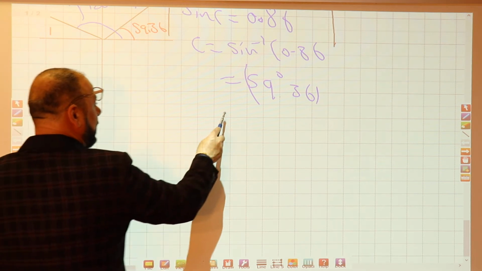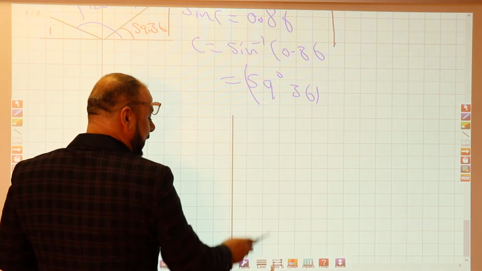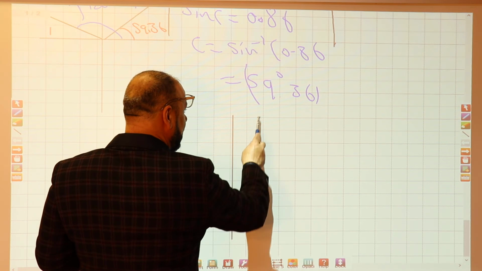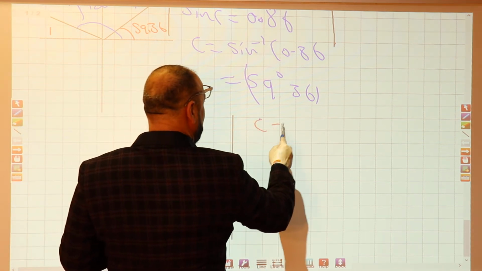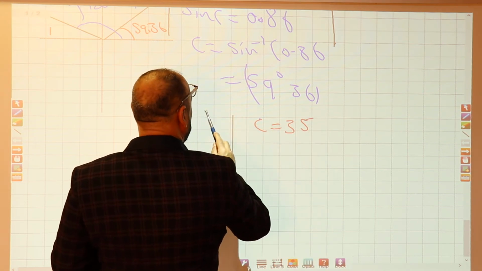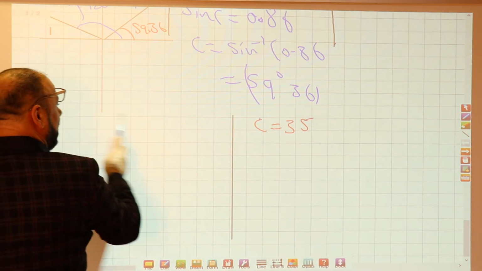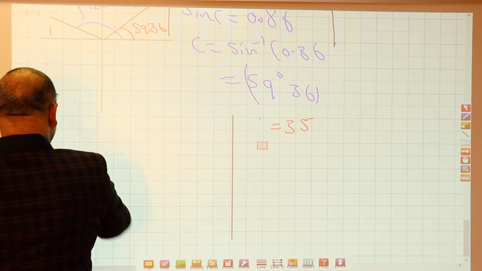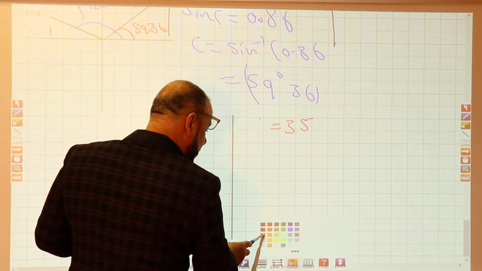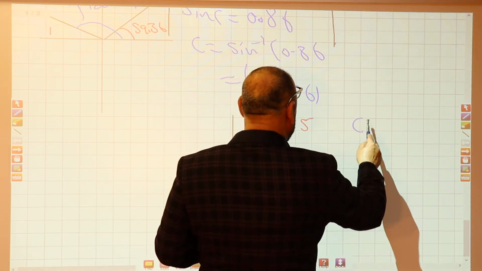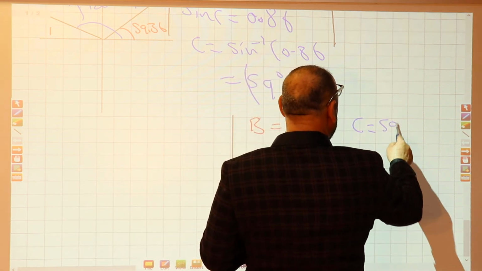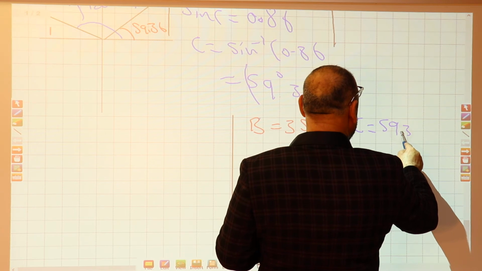The first case with this angle, C, 35, you remember? And B is 35, and C we just found 59.36.